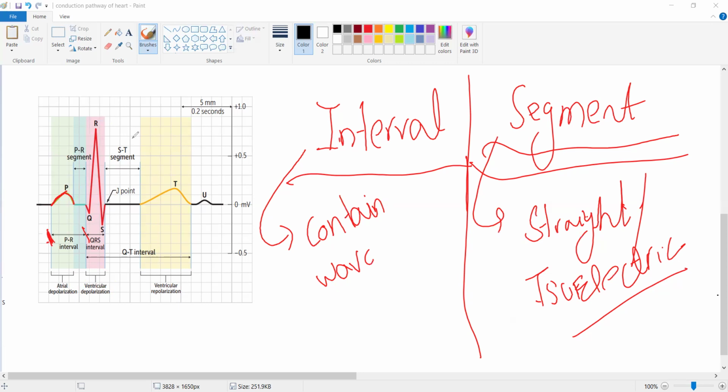It starts from this point and ends at this point. This is a straight, isoelectric line. So the ST segment is an isoelectric line. Does it make sense? Yes.